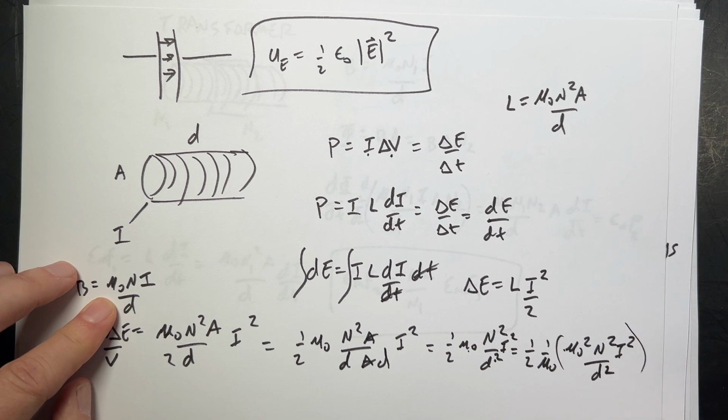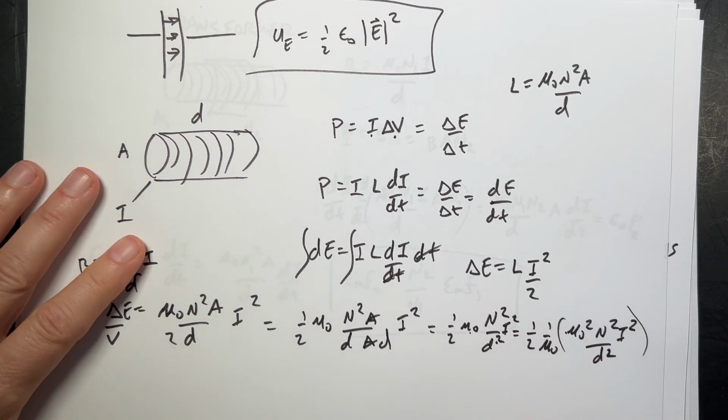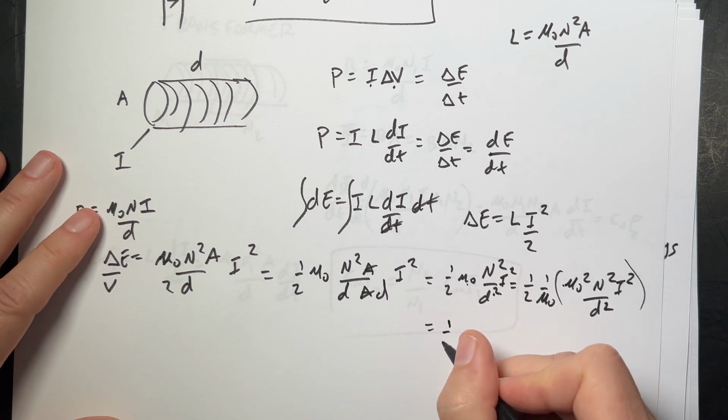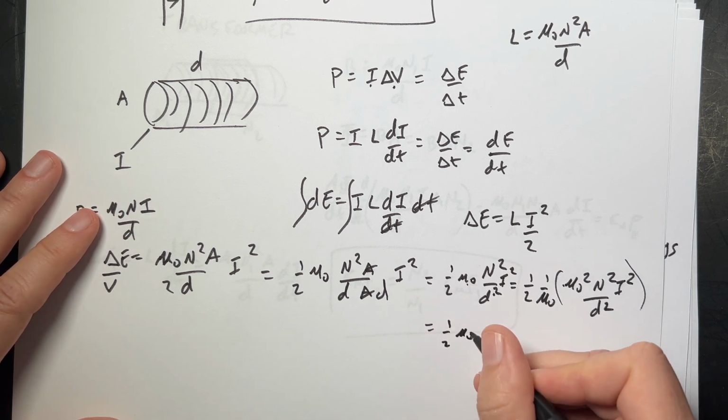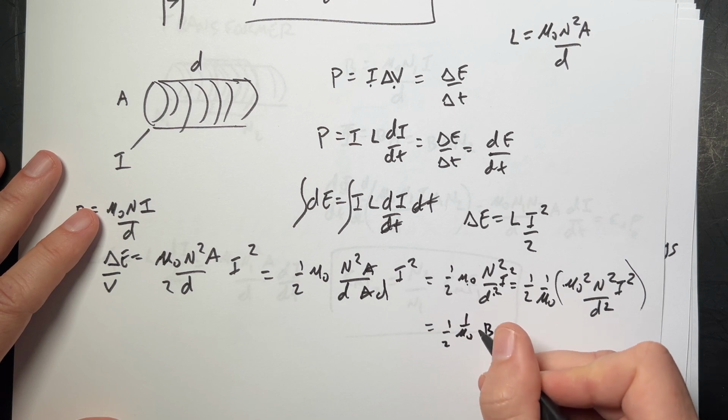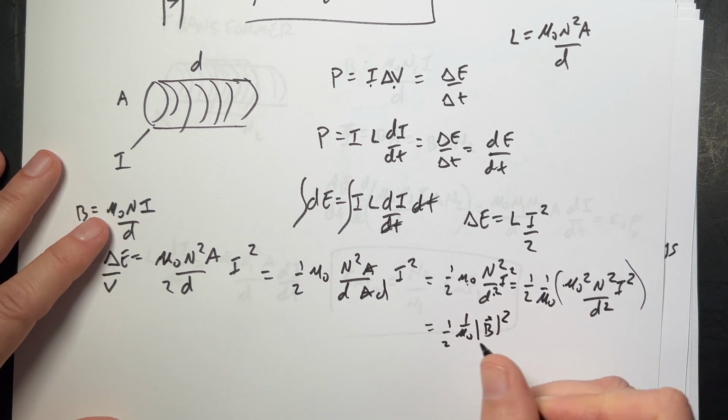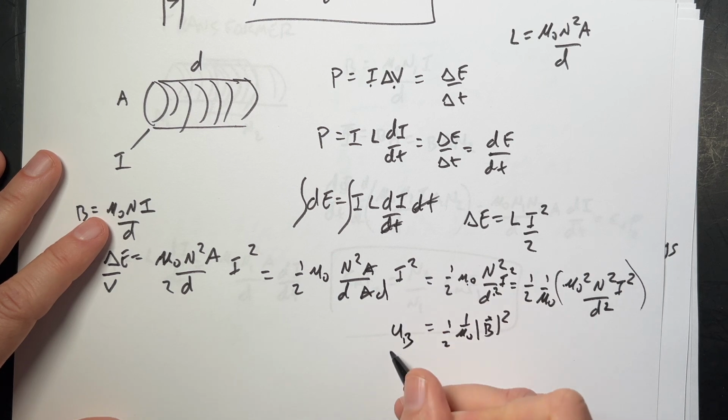So this right there is just the magnetic field squared. So I get 1/2 mu naught 1 over mu naught magnitude of the magnetic field squared. And that's the energy density for the magnetic field.